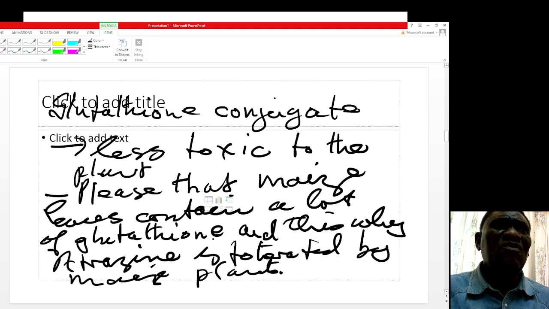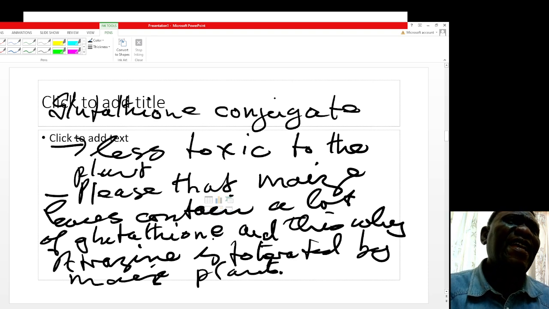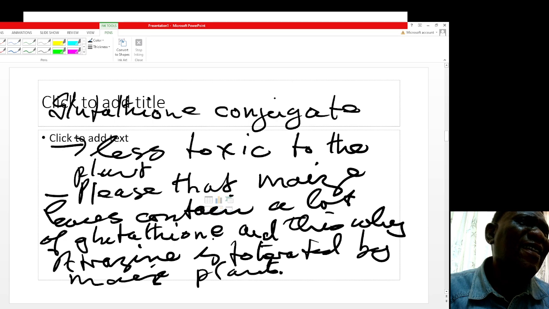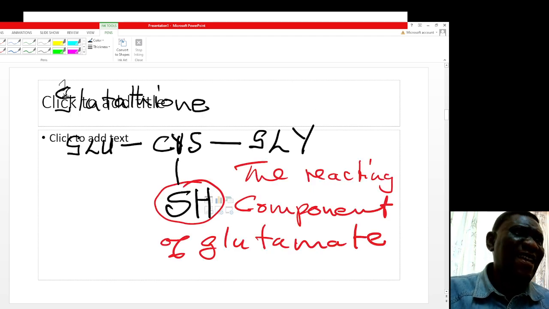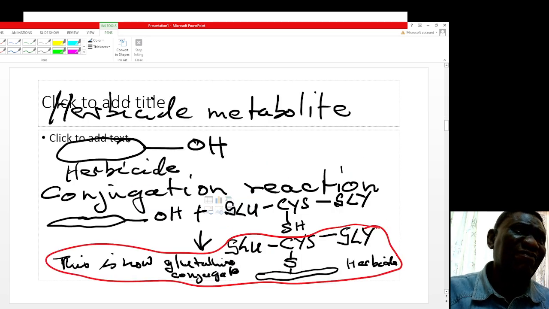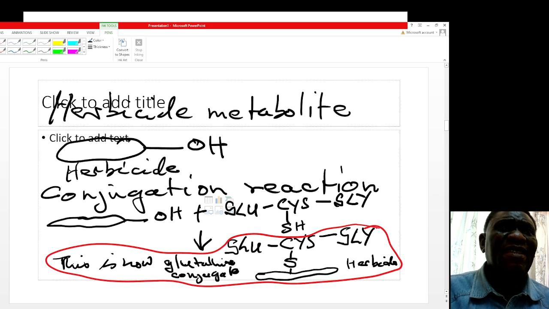Now, we can move on to say what really catalyzes this reaction, the conjugation reaction.